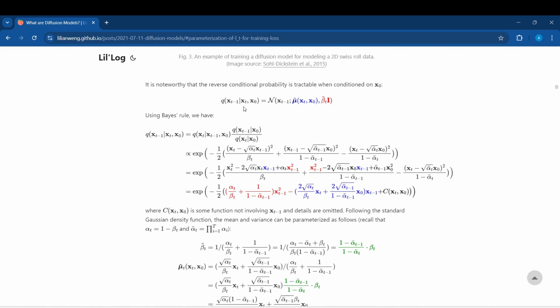We are just taking this term here, and we are applying Bayes' rule.